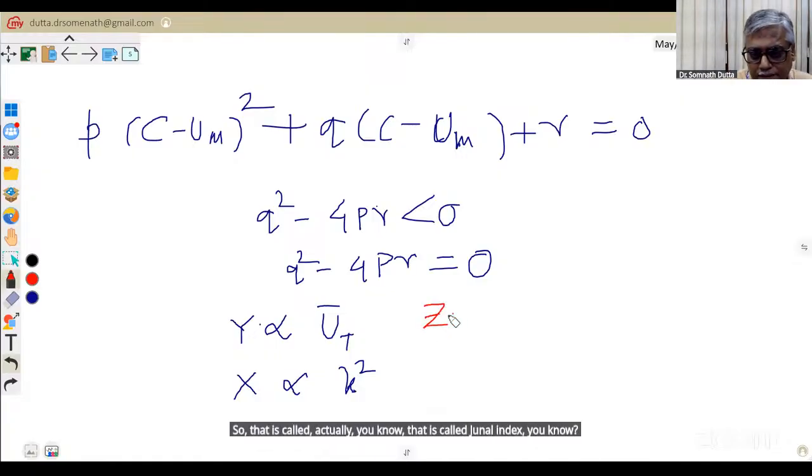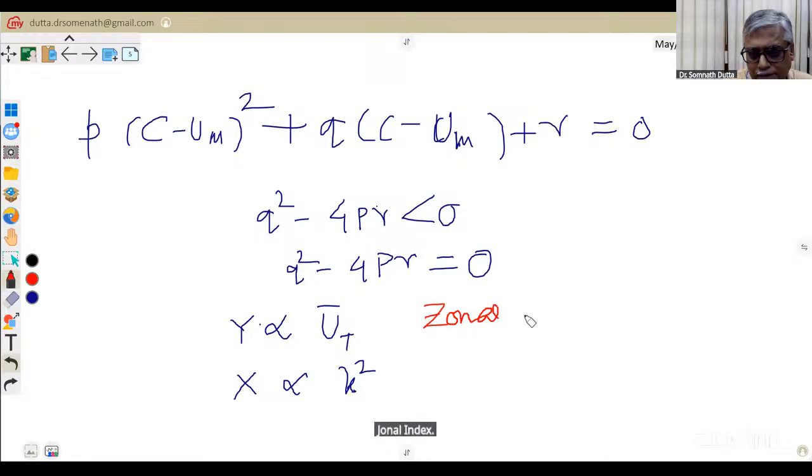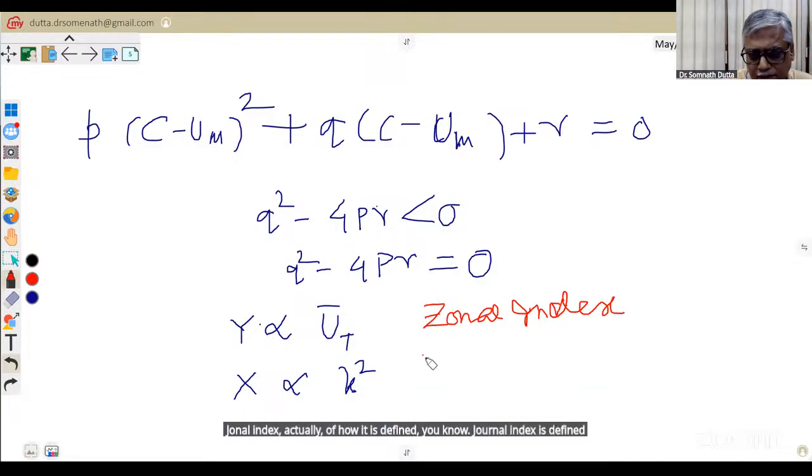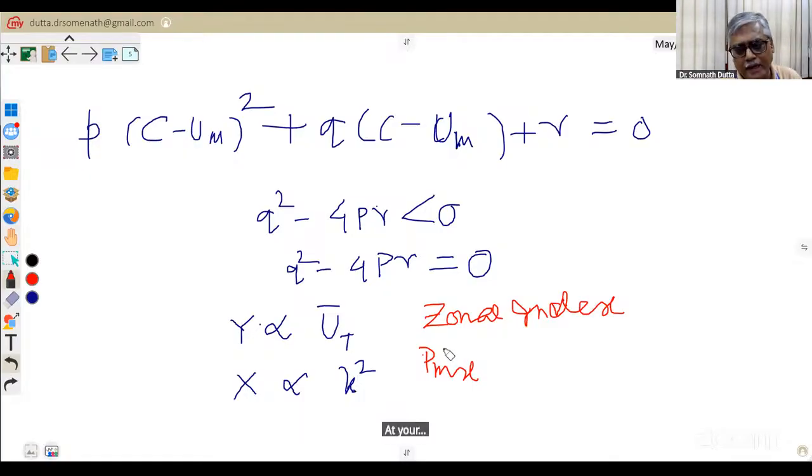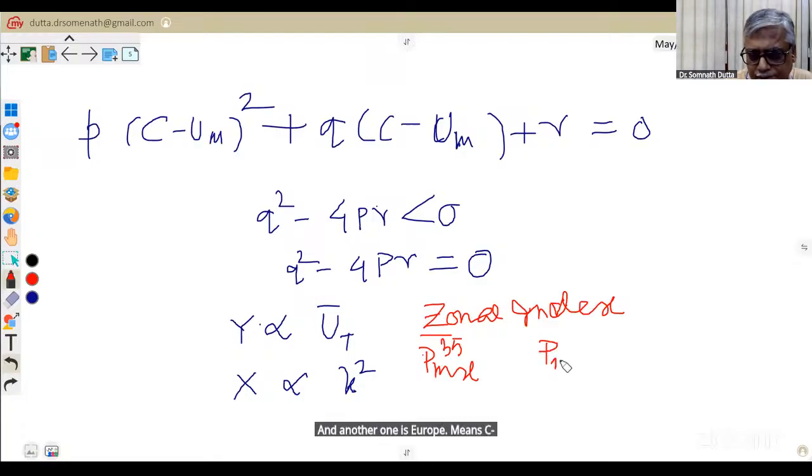Zonal index is defined as the mean sea level pressure at 35° north and the mean sea level pressure at 55° north, their difference.